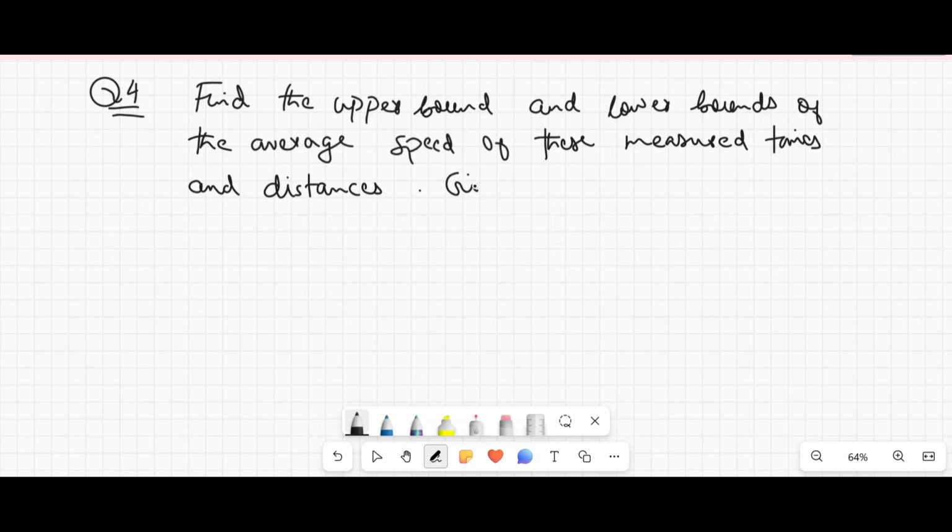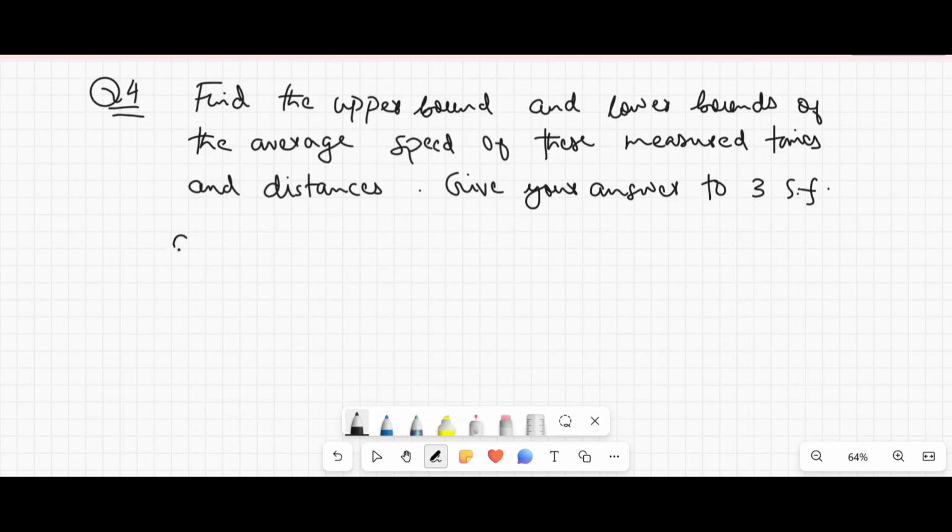Give your answer to three significant figures. So in the last, the answer should be in three significant figures.